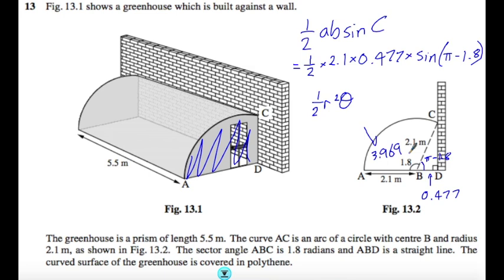So 0.5 times 2.1 times 0.477 times sine of pi minus 1.8 gives us 0.48778, so 0.4878. Right, so in total, the area of this is going to be 3.969 plus 0.4878.